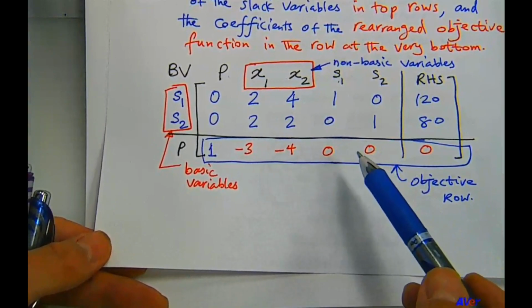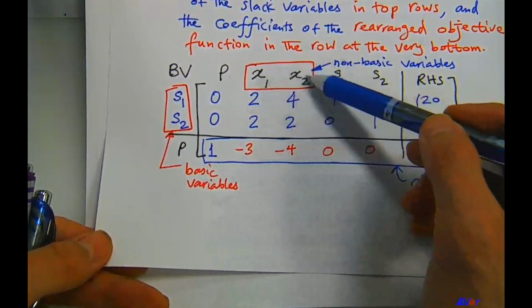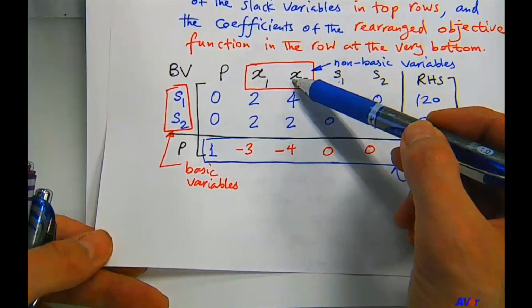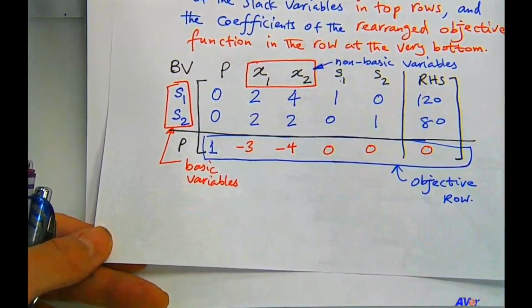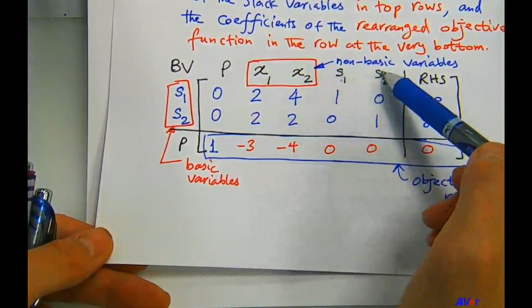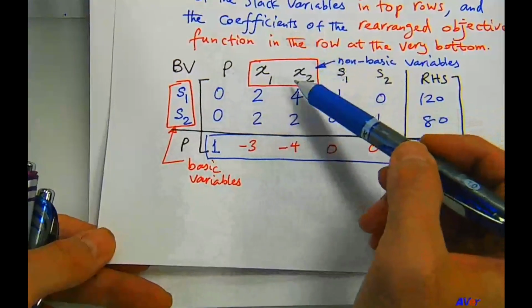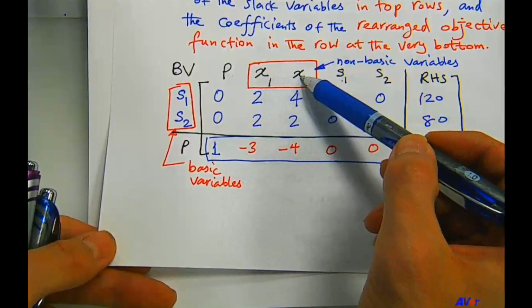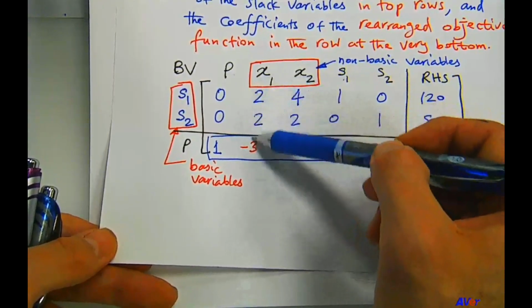Once we have the final tableau, we look at the non-basic variables for the maximum problem. For the minimum problem, we look at these two, not here. For the maximum problem, we look at these two non-basic variables and what we have under them.